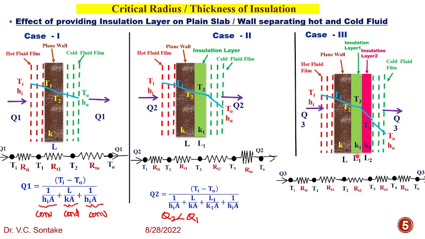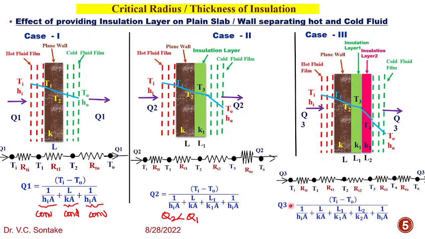RT2 is the conductive thermal resistance by insulation layer 1 between temperature T2 and T3. RT3 is the conductive thermal resistance by insulation layer 2 between the temperatures T3 and T4. And finally, RTo is the convective thermal resistance offered by cold fluid film between temperatures T4 and To.